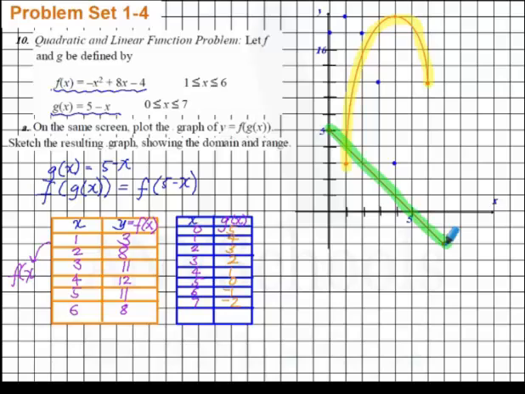Now it says that on the same screen, we're also going to plot the graph of y is equal to f of g of x. Well, you can do it with your own grapher. Let's remove the grid now.